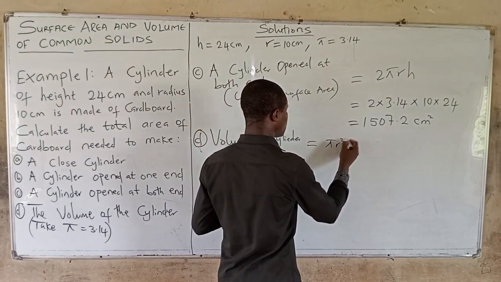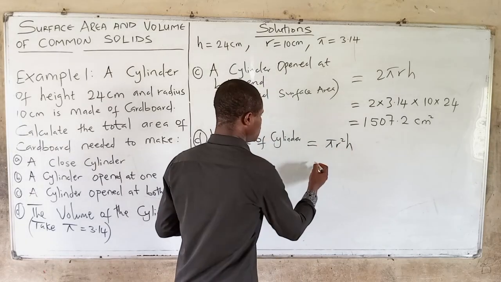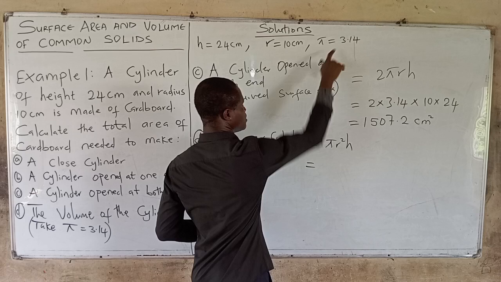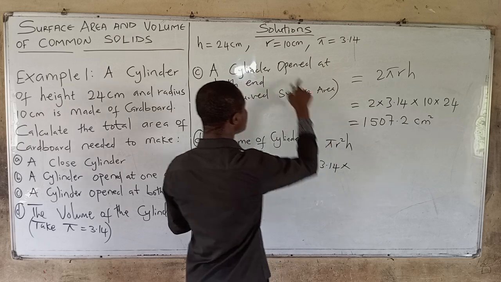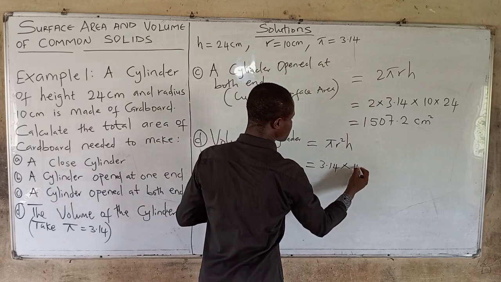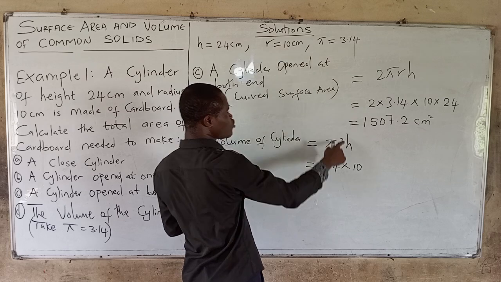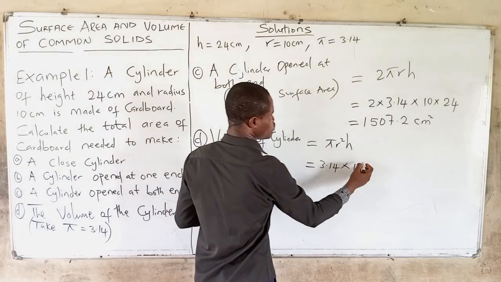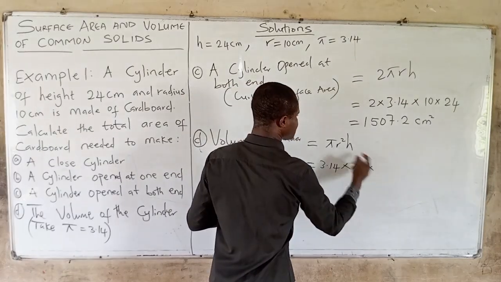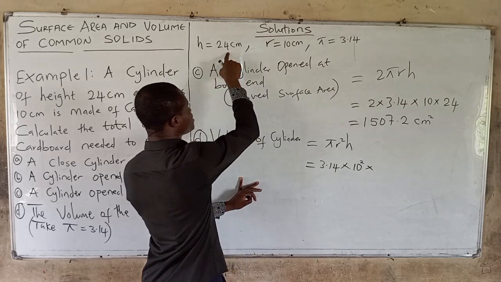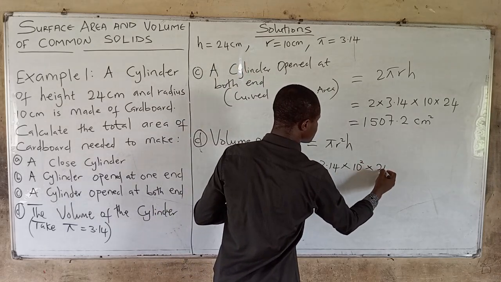Pi r square times the height. So this is equal to, what is our pi? 3.14 times r. What is our r? 10. But in this case, we have to put the square. So square means 10 times 10. So I put the square times h. What is my h? 24.